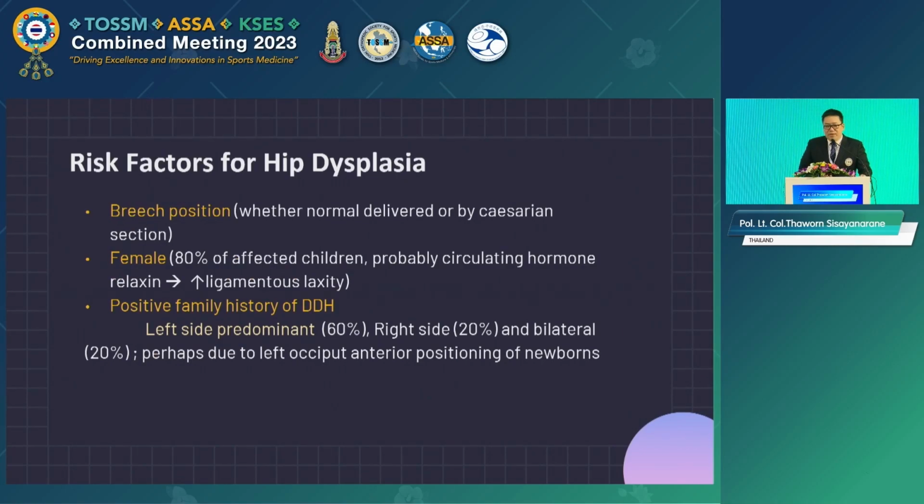The first is breech presentation. The second is female sex. And the third is a positive family history of DDH, which carries a higher risk for hip dysplasia. Some reports also say the left side is predominant in DDH.